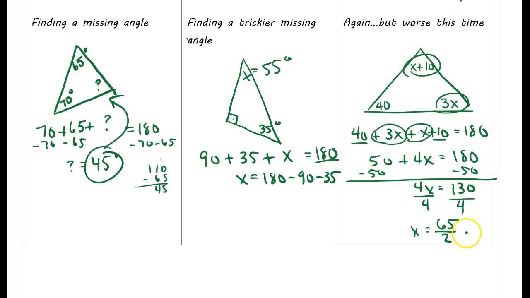And sometimes this takes an extra added step, everybody, because the thing is, they don't want to know what x is. They want to know, like, what is that angle and what is that angle. So you can't just stop at x equals 65 over 2, which I know that that's like 32 and a half or whatever, but that doesn't matter.